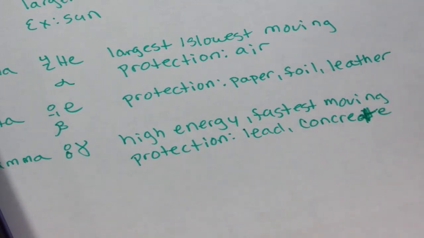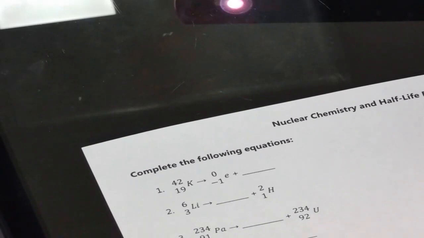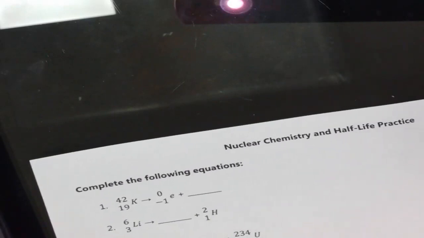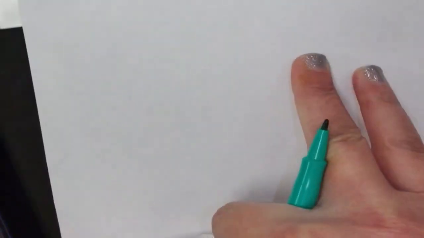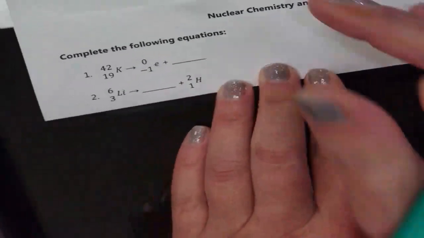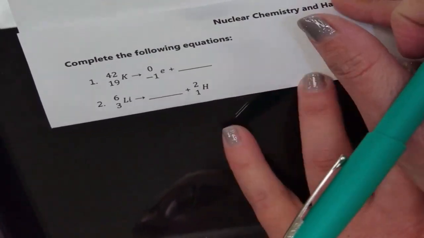So let's take a look at this and see what it all means. We're going to be on our nuclear chemistry and half-life practice worksheet, and let me fold it up so that we see only what we need to see for this video.